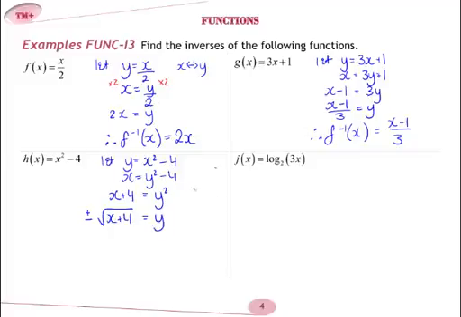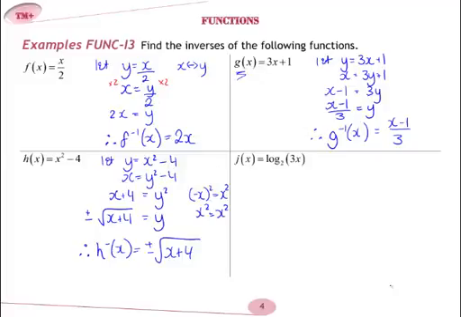Reason being, remember, negative x squared is x squared, and positive x squared is x squared. So the positive and negative give the same answer. Go back to my function notation and I just realised something. There should be h to the negative 1 of x equals plus or minus the square root of x plus 4, and the one up here should have been a g. So that's g to the negative 1 of x equals (x minus 1) all over 3.